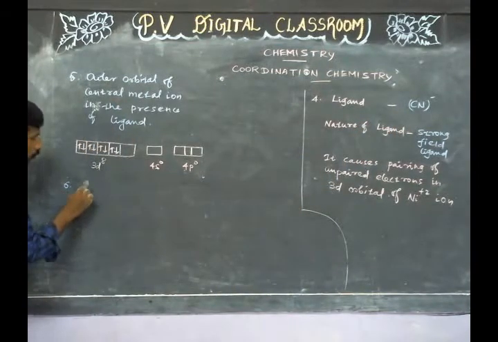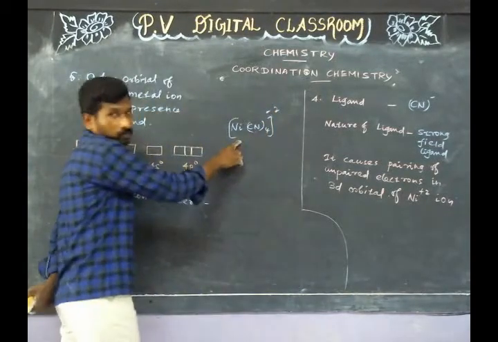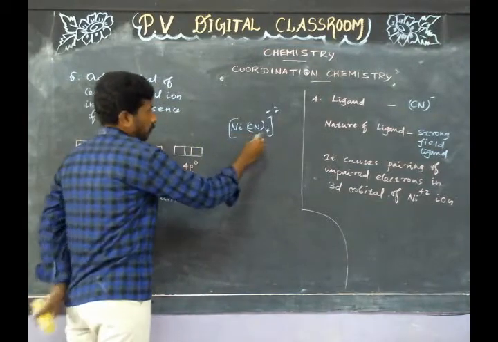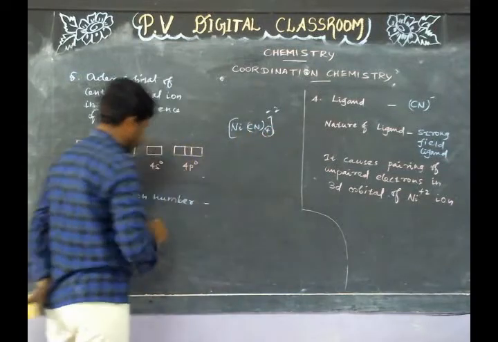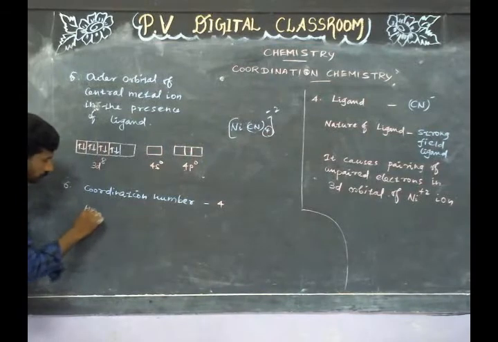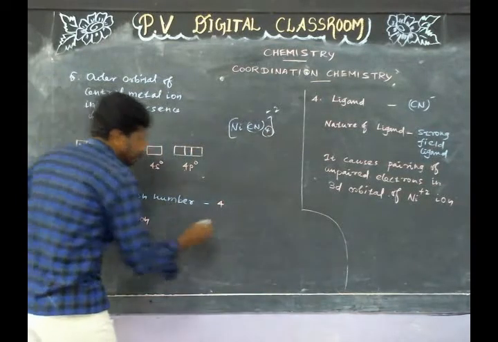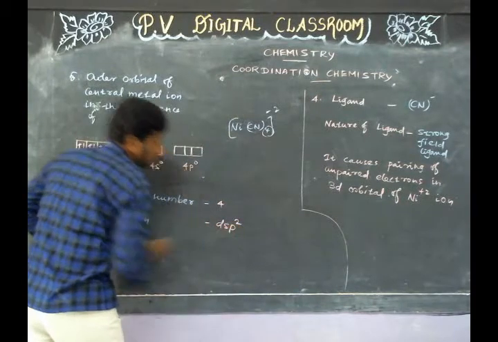Then coordination number and hybridization. In this complex ion, 4 is the coordination number. Then hybridization. Hybridization is dsp2.